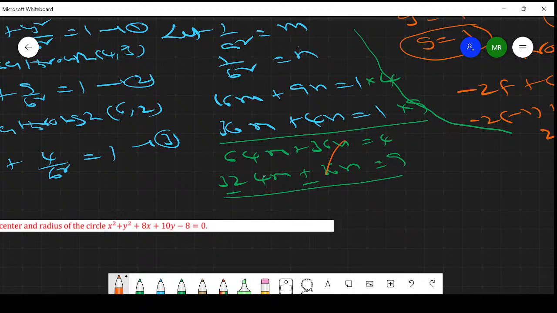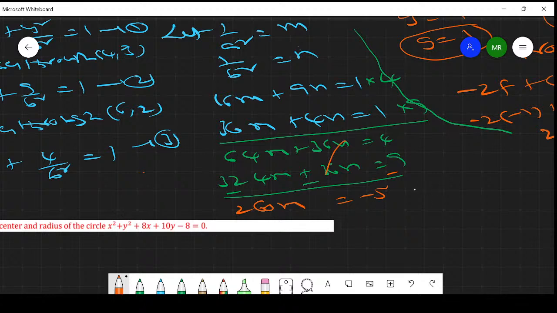So you can see that the value will come 260. Correct, 260m. Be careful here. 260m is equal to 4 minus 9. This will be subtraction, 4 minus 9 is minus 5.